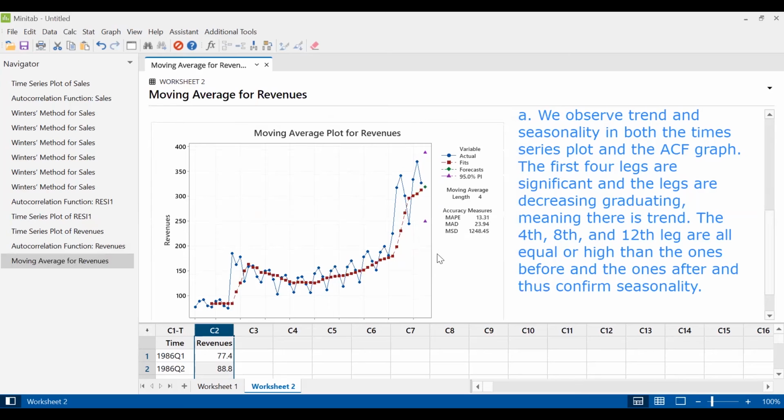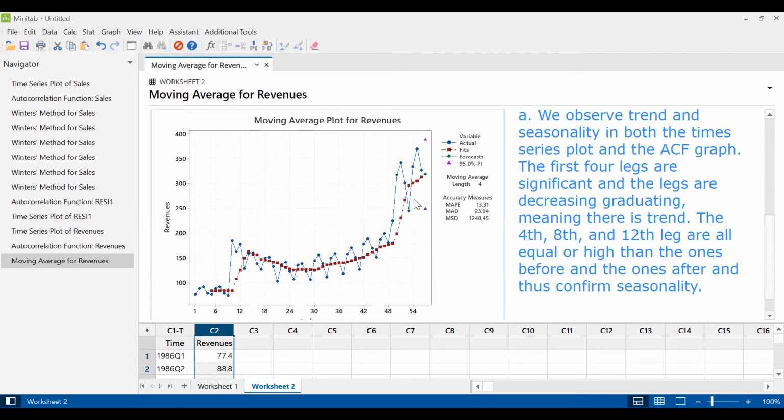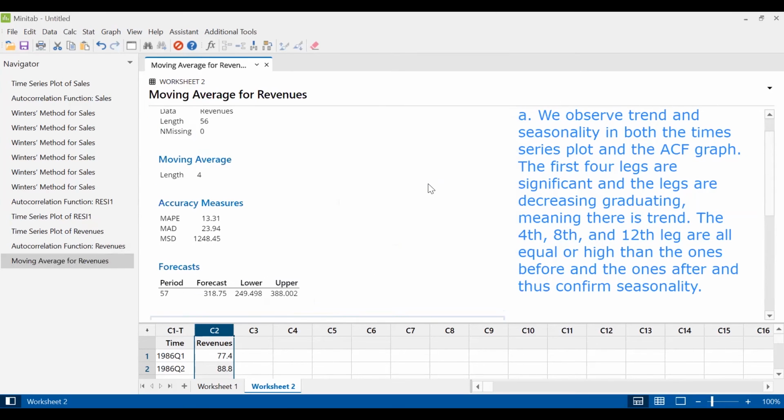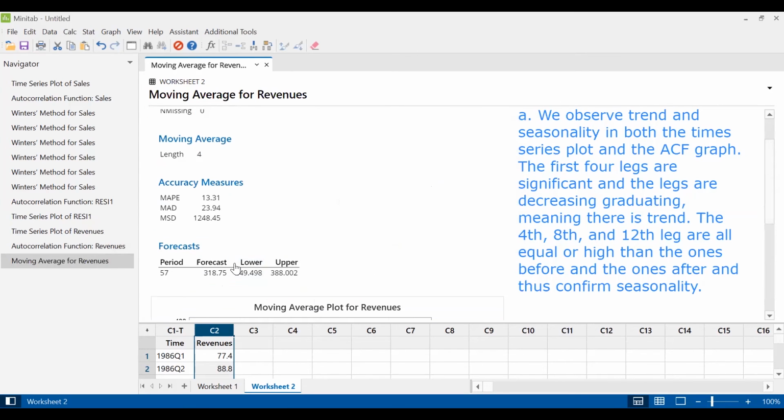We have the forecast from the moving average plot. We can see that for the first quarter of 2000, the forecast value is 318, with an interval of around 250 to 388.